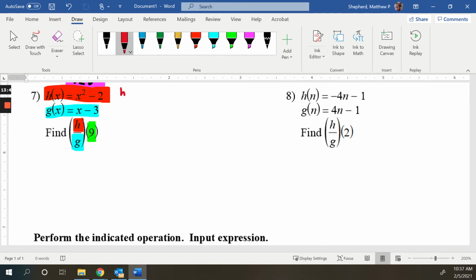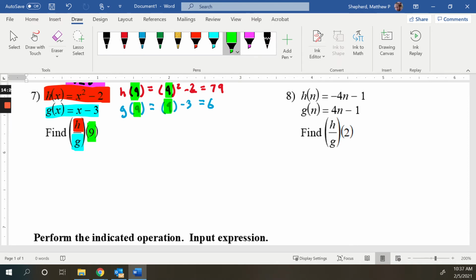So up here, I'll do my h of 9 is equal to 9 squared minus 2, which should equal 81 minus 2, 79. All right, so I know what h of 9 is. Now let's go ahead and figure out what g of 9 is. That'll be 9 minus 3, which is 6.